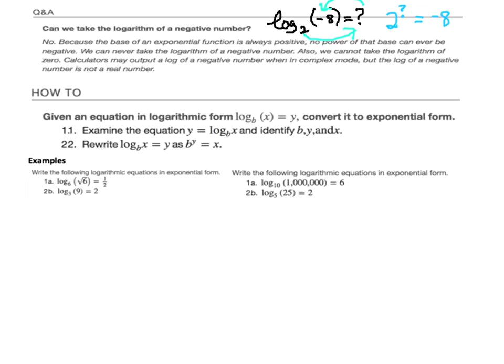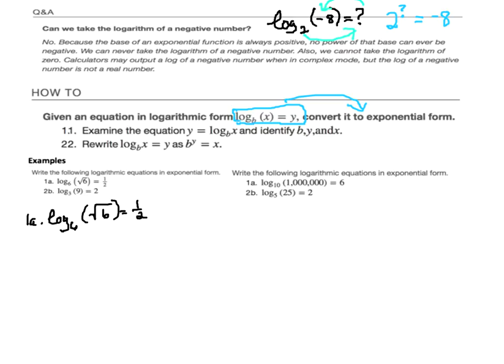So how do we convert from a logarithm into exponential form? Well, all you do is rewrite it as b to the y equals x. You start at the base, raise to the is, and that equals the of. So on the left-hand side here, 1a starts out with log base 6 of the square root of 6 equals 1/2.